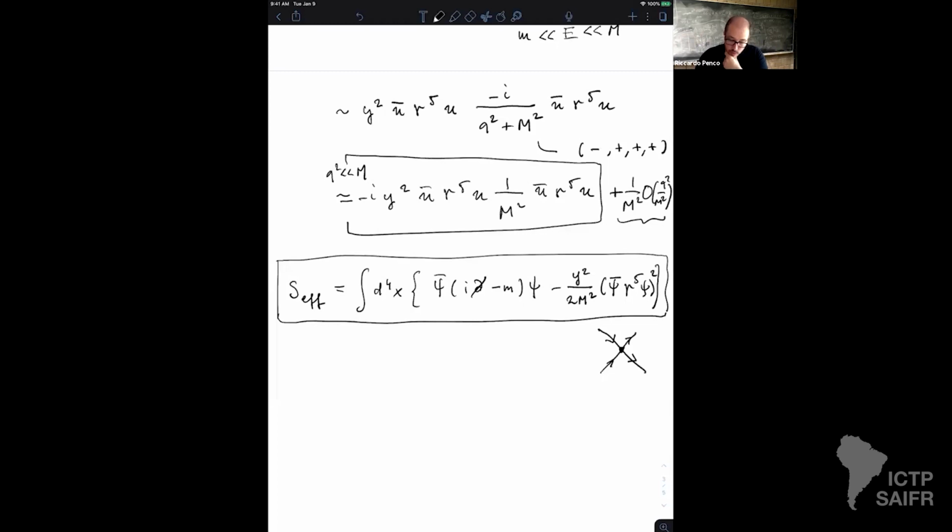And there is one important feature of this effective theory also that we shouldn't take for granted, which is the fact that it's a local theory. Okay, so it's an integral over d4x of some Lagrangian where all the fields are evaluated at the same point.